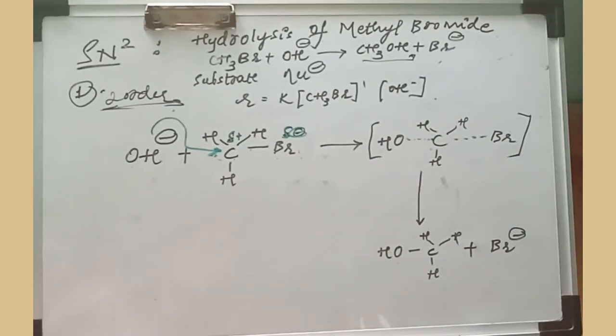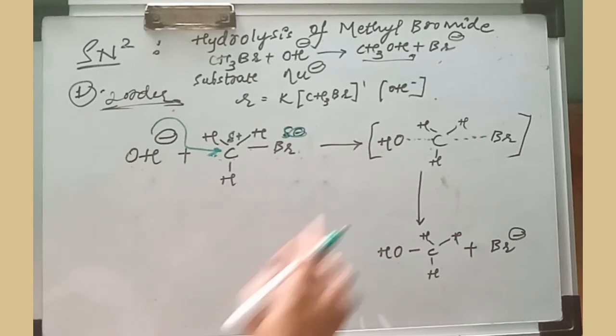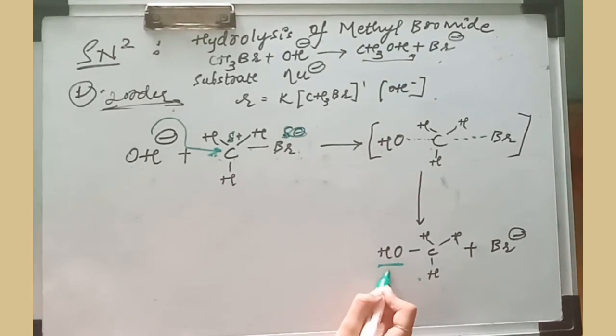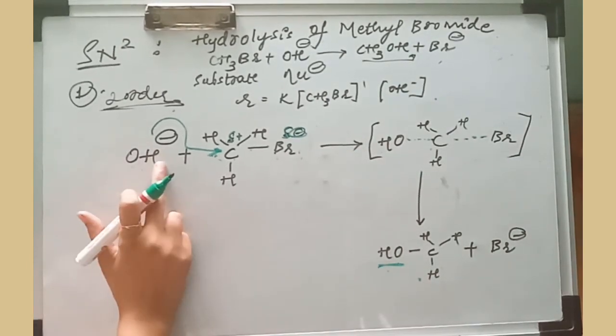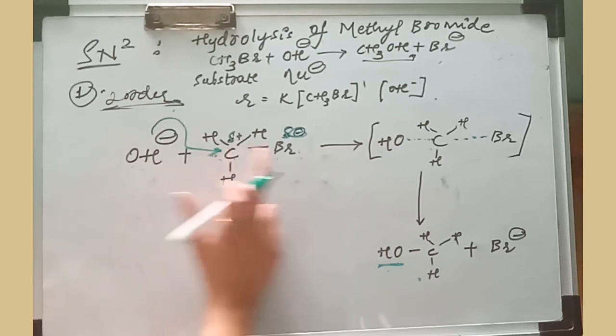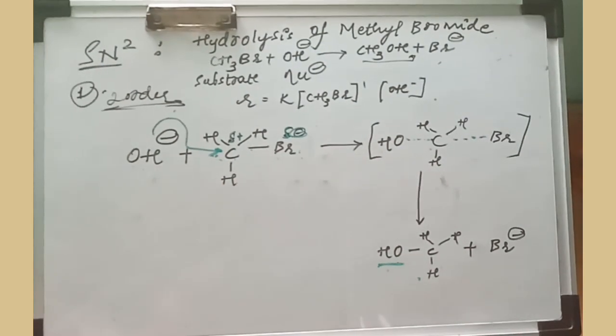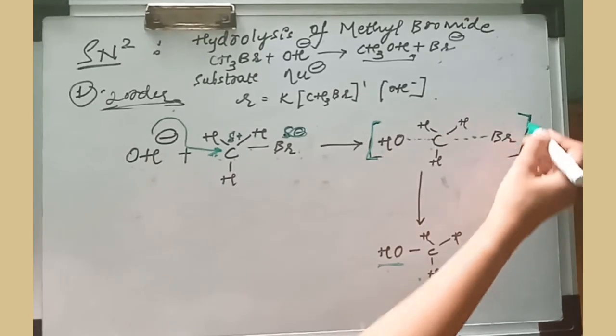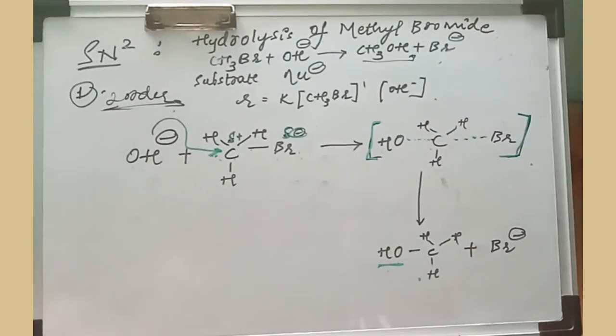Once the complete formation of the bond takes place, the product you are going to get is nothing but methanol. You can see here the nucleophile is attached to the exactly opposite end of the halogen, that is the leaving group. Now here I have written it in a square box.